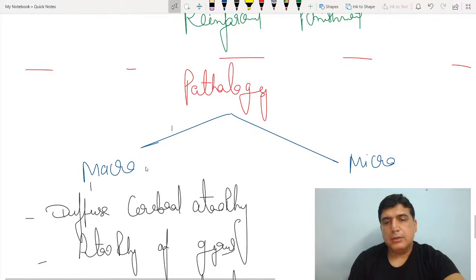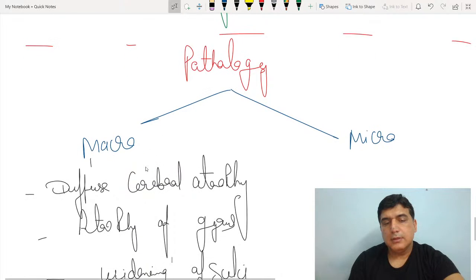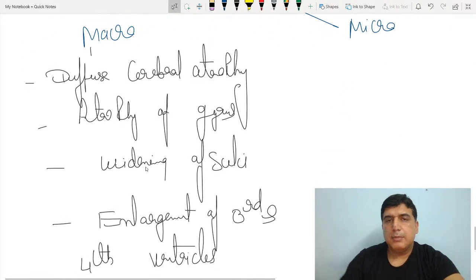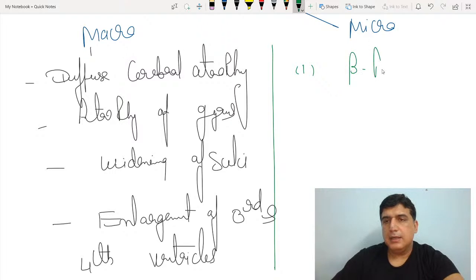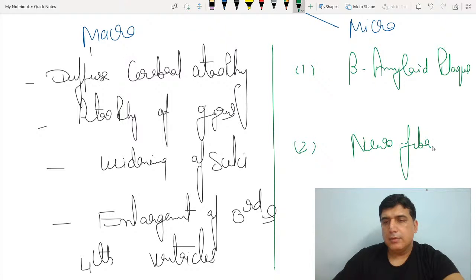In micropathology, there is beta amyloid plaque and neurofibrillary tangles.